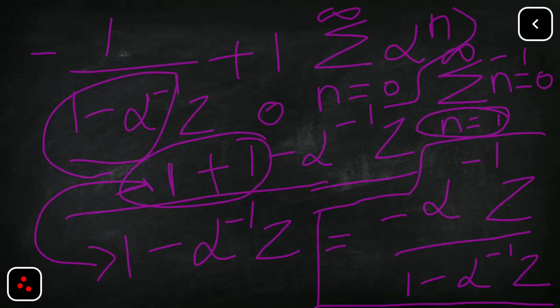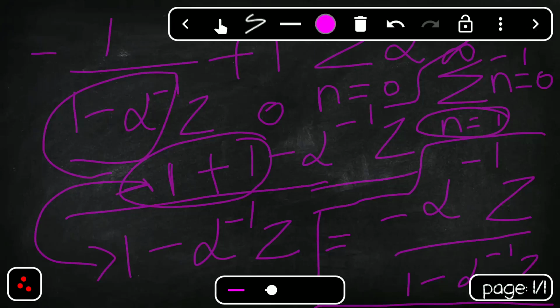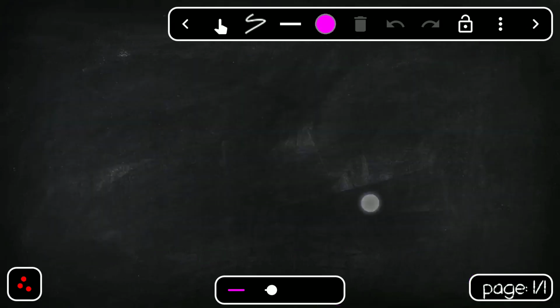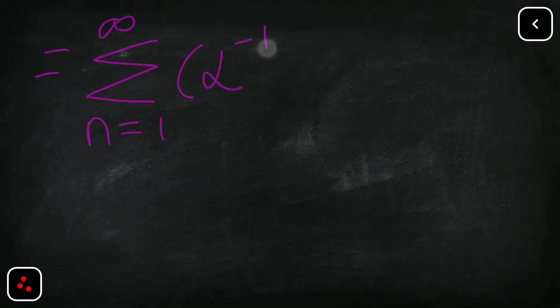So I'll tell you a really simple procedure. What is that simple procedure? First, what was the equation we got? We got the summation n is equal to 1 to infinity of alpha to the power of minus 1 z, all to the power of n.